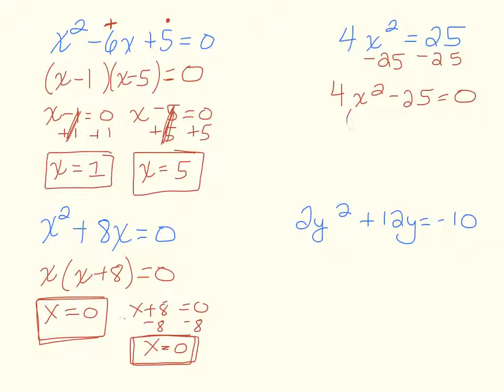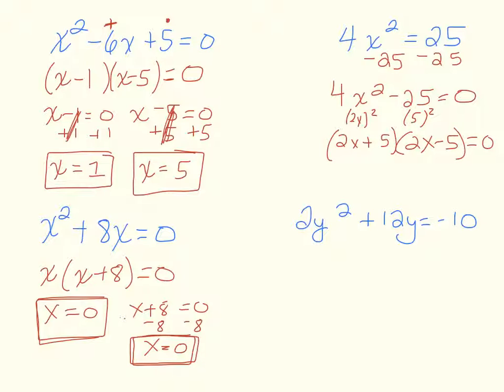What do I have to square to get 4x squared? Well, that's just 2x. What do I have to square to get 25? That's 5. So I have 2x plus 5 and 2x minus 5 equal to 0.